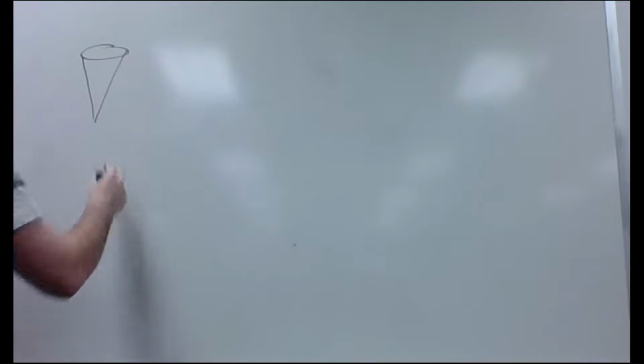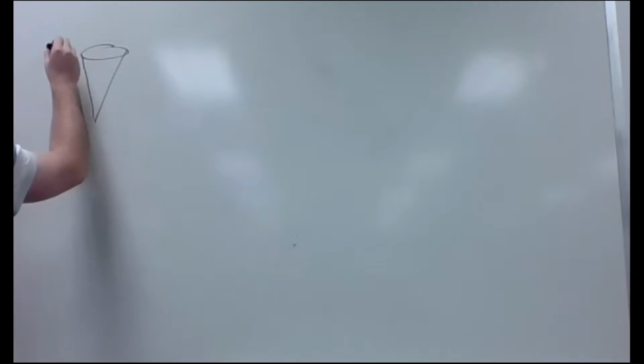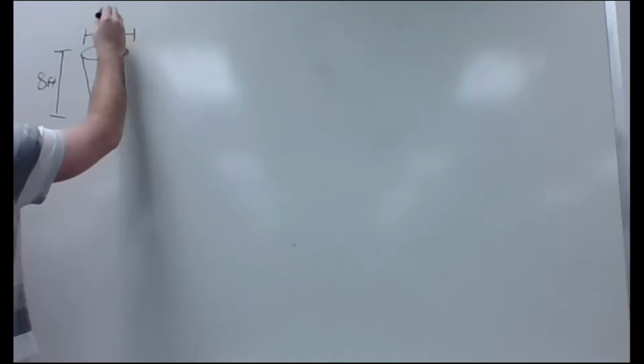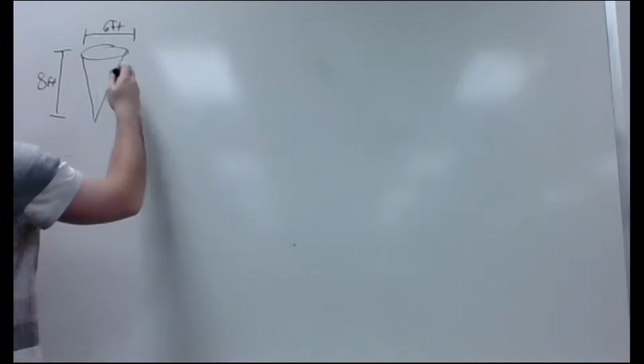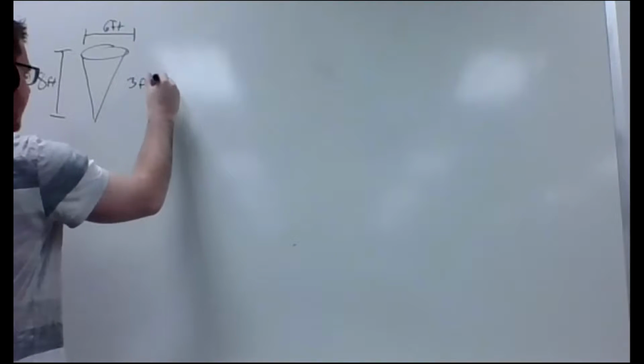All right. So let's say we have a cone, right? Let's fill it with sand, not water. We'll say it's 8 feet by 6 feet. We're filling it at 3 cubic feet a minute.